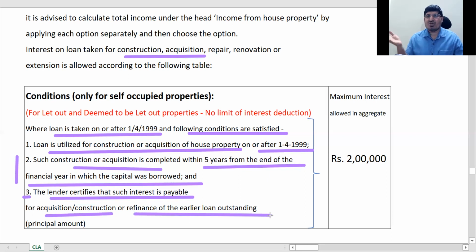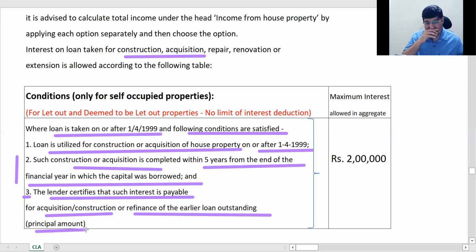As I said, you have taken an earlier loan for acquisition, construction, then you got a better deal and you are just replacing that loan by another loan. So then that is not an issue, right? That should not be an issue. So same thing they're talking about, refinance of earlier loan. Okay. So all these, we are talking about principal only.